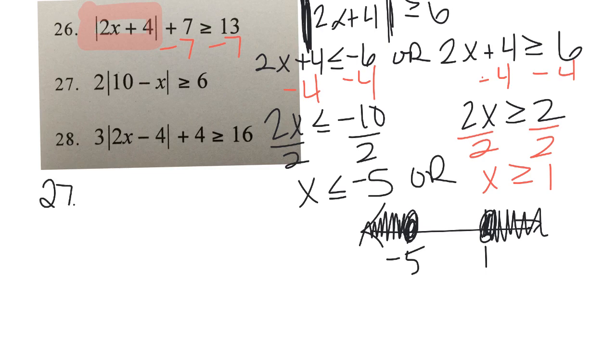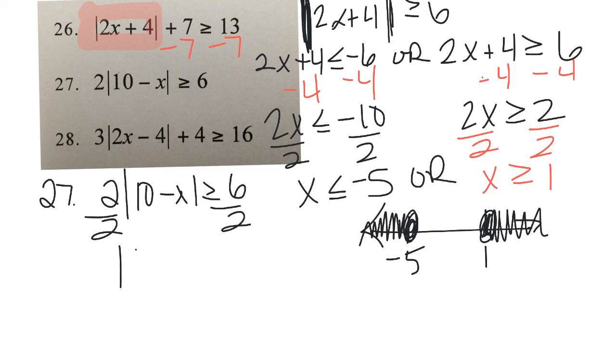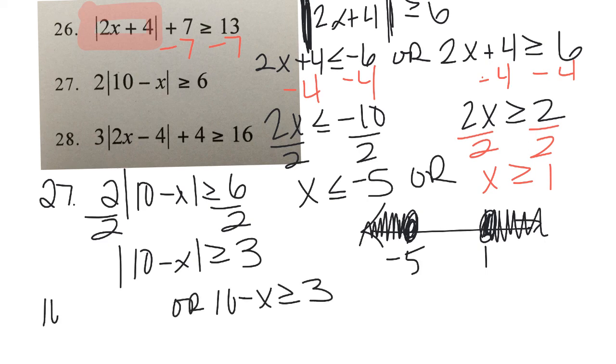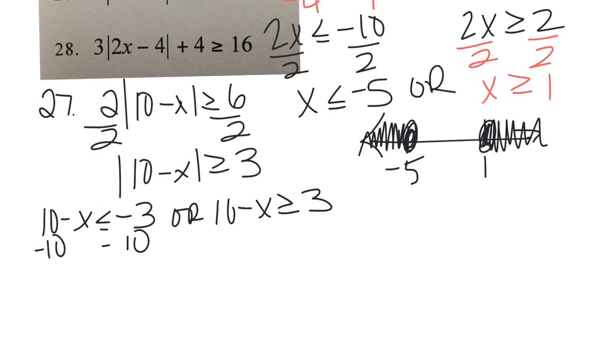Number 27. 2 times the absolute value of 10 minus x greater than or equal to 6. Again, getting the absolute value by itself, I'm going to divide by 2. 10 minus x greater than or equal to 3. Greater than, so 10 minus x is greater than or equal to 3, or 10 minus x is less than or equal to negative 3. And then subtract your 10. So we have, let's move this stuff up. Negative x less than or equal to negative 13.